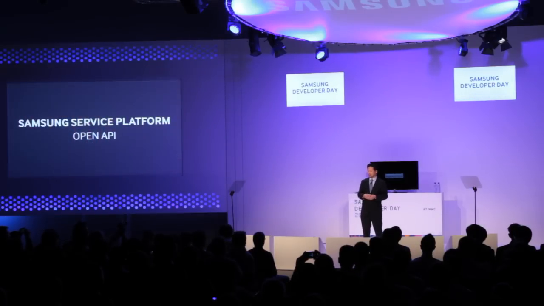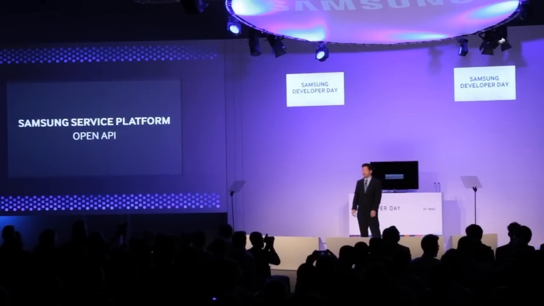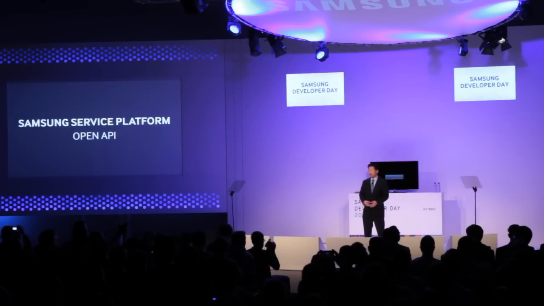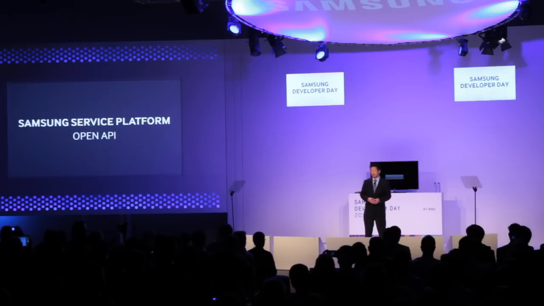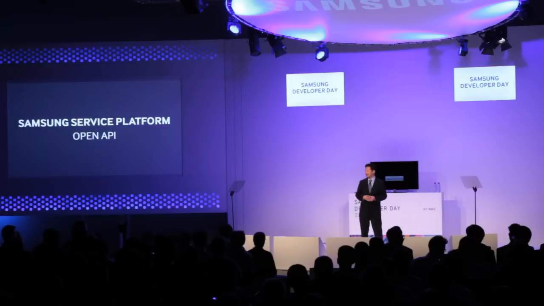The Samsung Service Platform will support different development environments and have open APIs so that developers can take advantage of the features and data of the platform. The key reason for this is that our goal of the Samsung Service Platform is to help third-party developers and services succeed in the market with unique value-added capabilities.